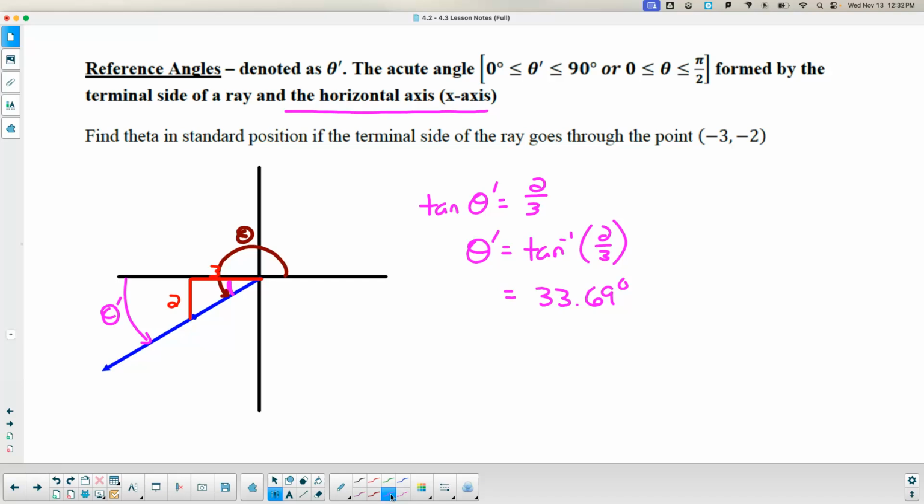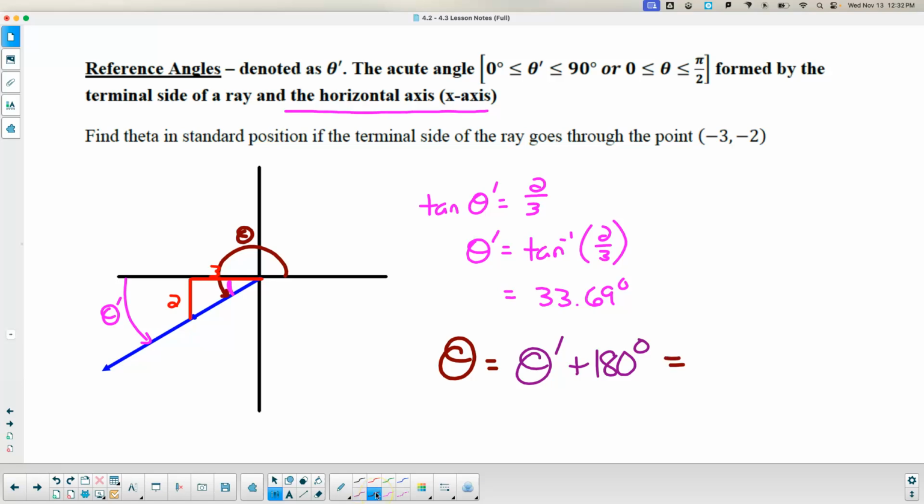So how would I find actual theta then? I'd add 180 to it. Actual theta is going to be my reference angle that I just found plus 180 degrees.